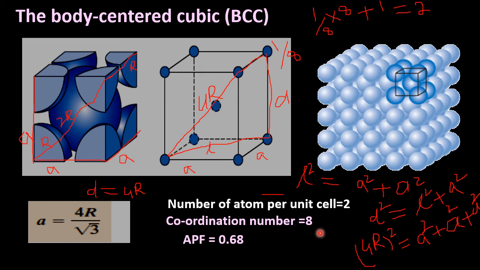So it's less than FCC, as FCC is the most close packed structure, and body centered, which has only one atom at the center of the cube, is less packed. So its atomic packing factor is 0.68, which is less than FCC.